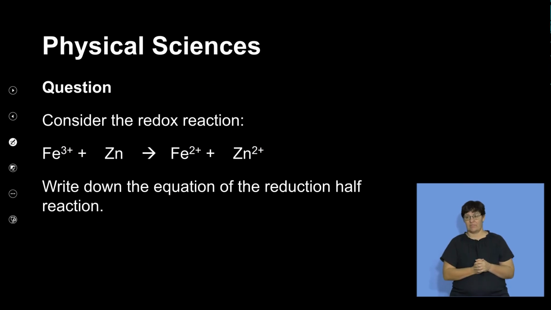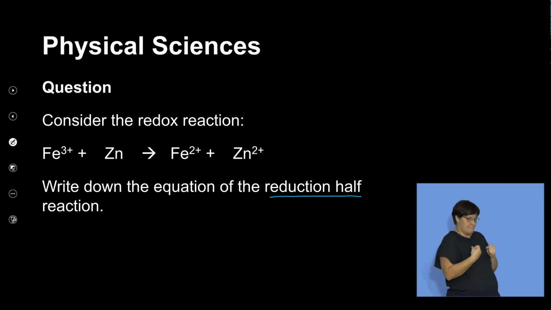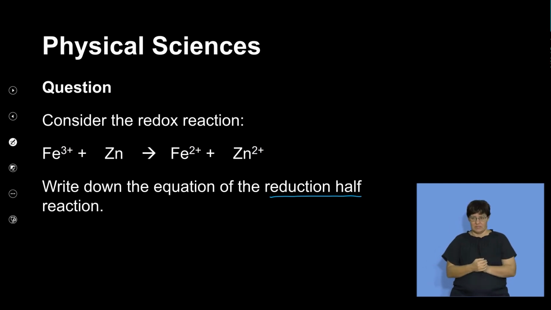Okay, and then write down the equation of the reduction half reaction. Reduction has to do with the gain of electrons. So if a substance gains electrons, what happens to its oxidation number? We have said zinc loses, meaning that the other species, which is iron 3, changes its oxidation number from plus 3 to plus 2.